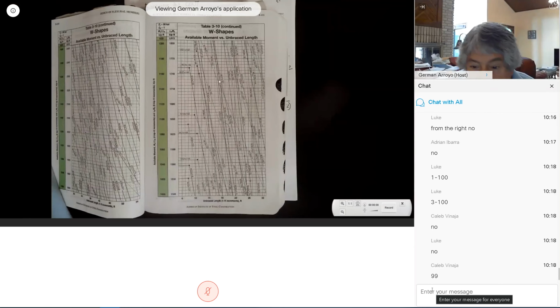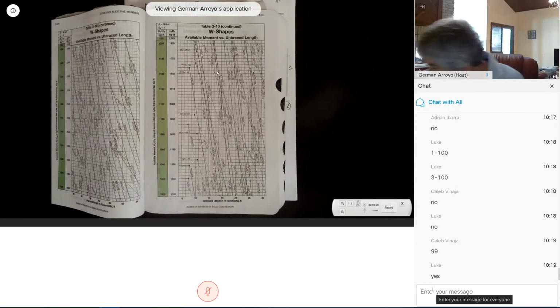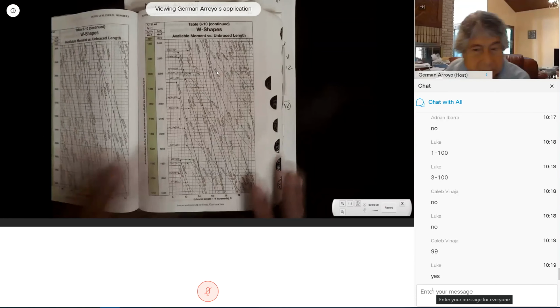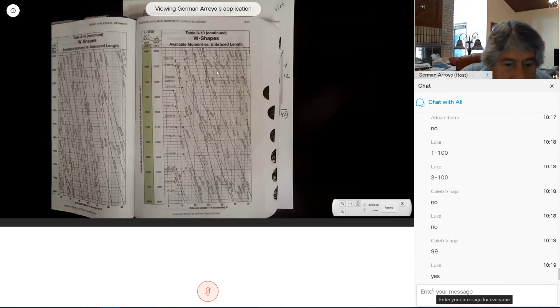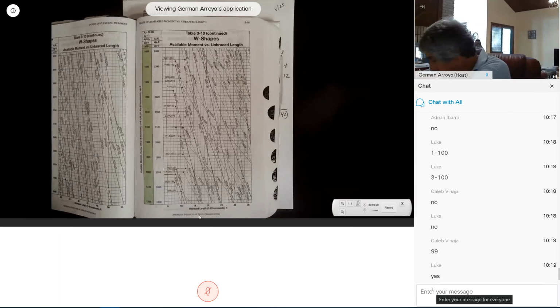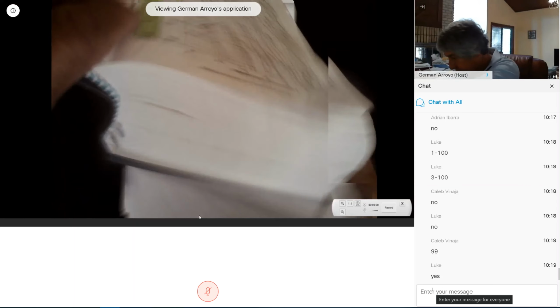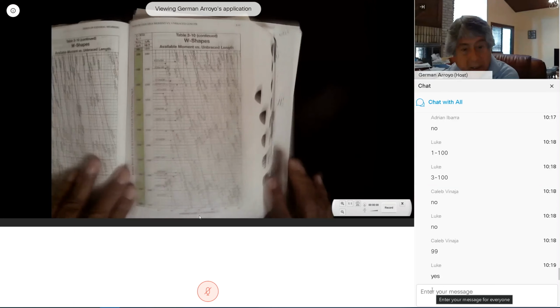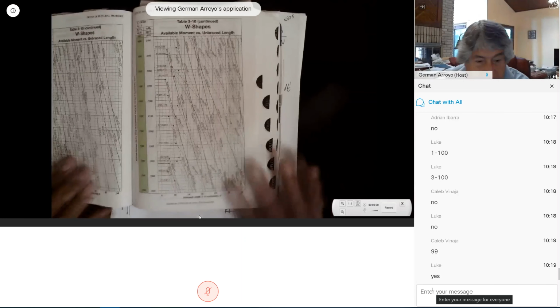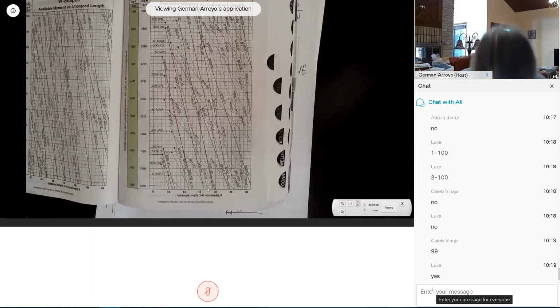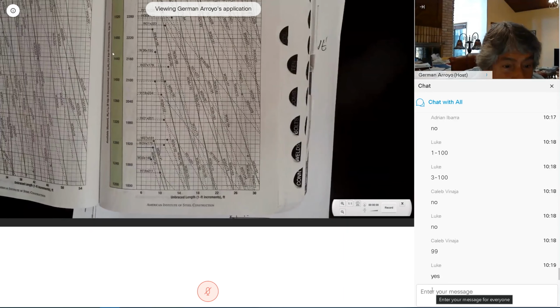So page 99, is that correct? Yes, okay. Page 99. Okay, our embrace length in this case is 1681, and the moment that we had is 1877.